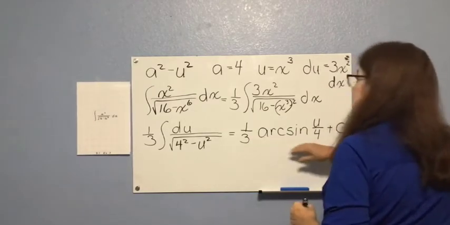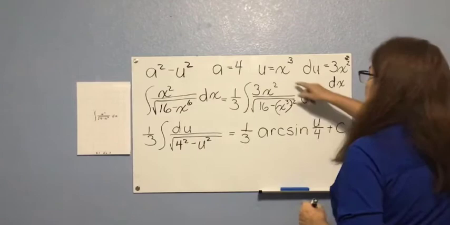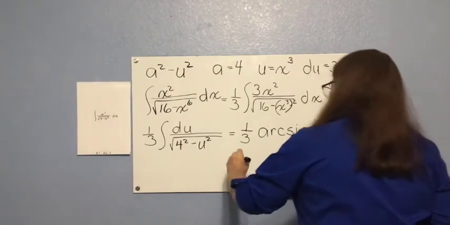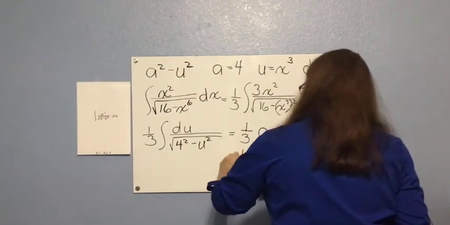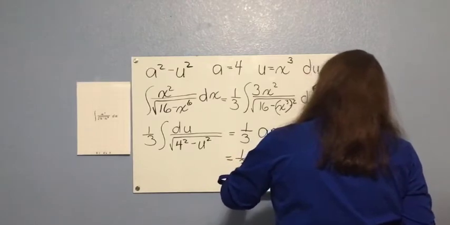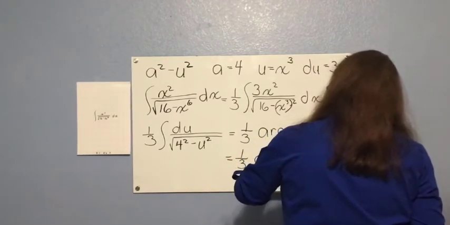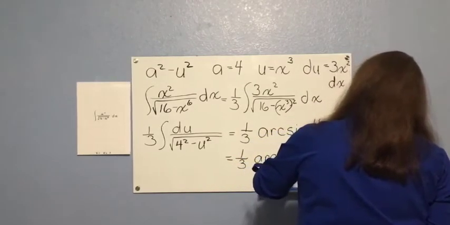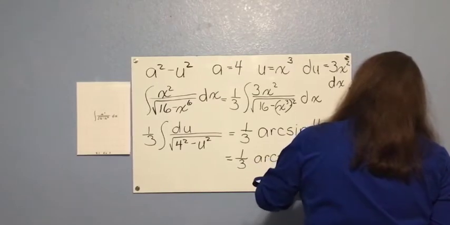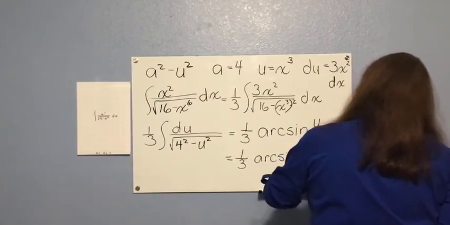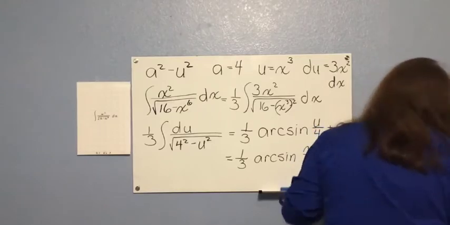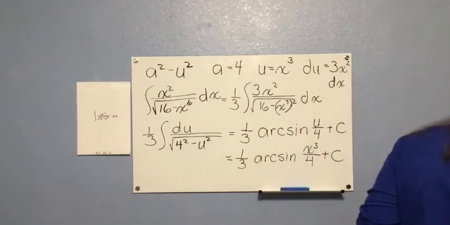Okay, and now that I have this worked out, I'm going to reverse my u substitution. Replace the u with x cubed. And I'm done.